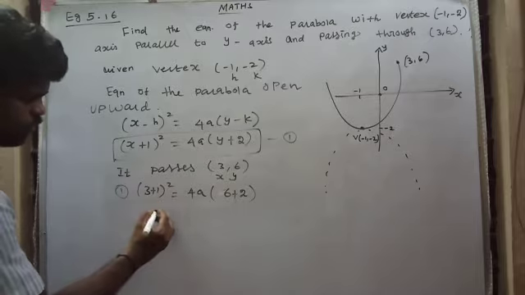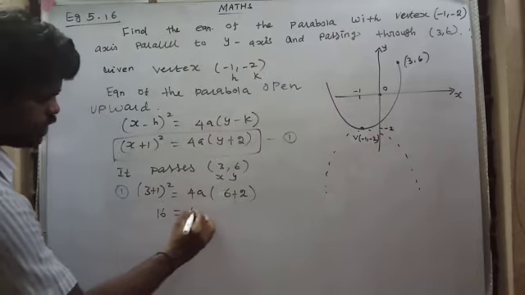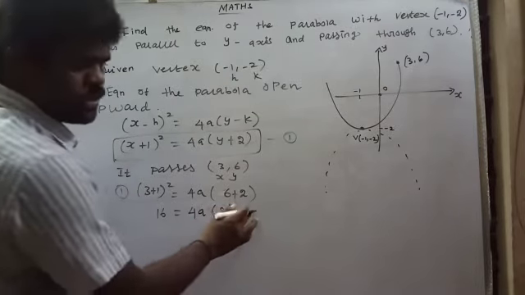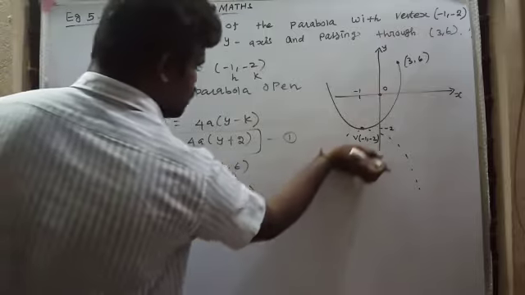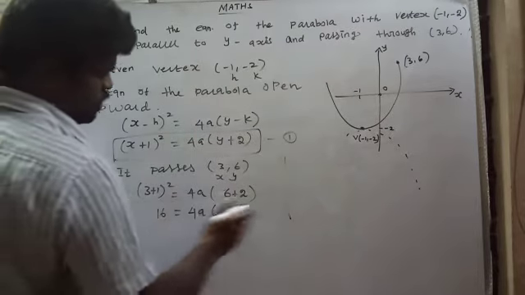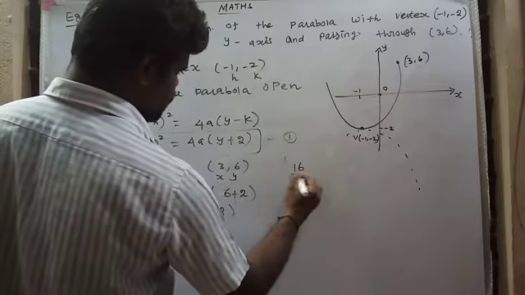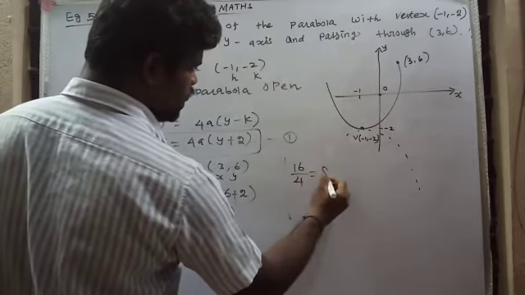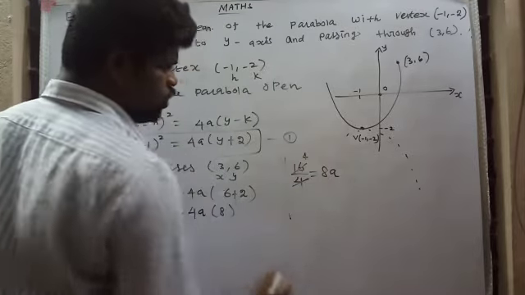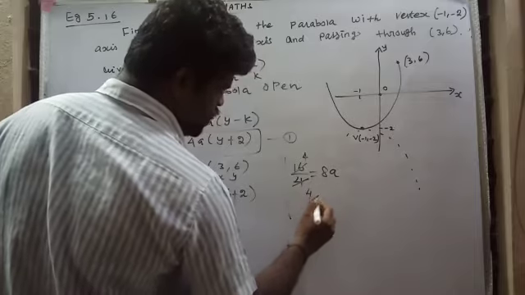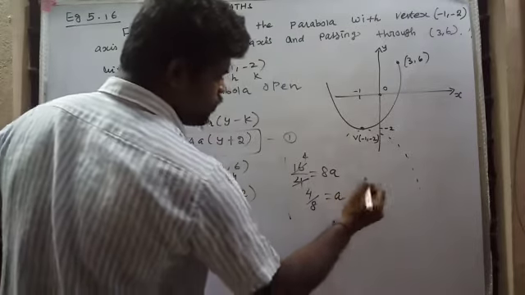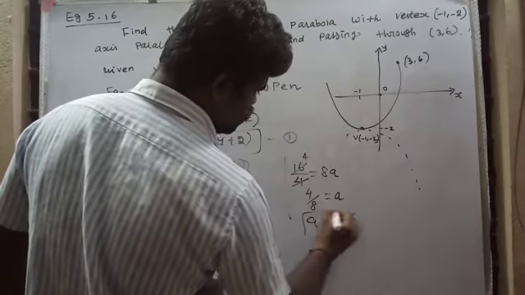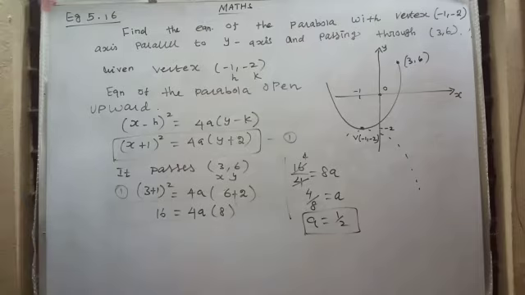Here 3 + 1 is 4, 4 squared is 16, which is equal to 4a times 8, since 6 + 2 is 8. Now 16 by 4, take 4 to this side, 16/4 = 8a. So the answer is 4; take 8 downward, 4/8 = a. Therefore the a value is 1/2.